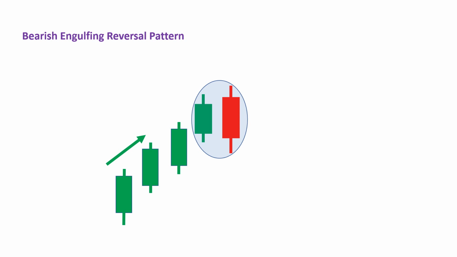The bearish engulfing pattern indicates a shift in market sentiment from bullish to bearish, as sellers have taken control of the market. The large size of the second candlestick in the pattern suggests that sellers are in control of the market and are driving the price lower.